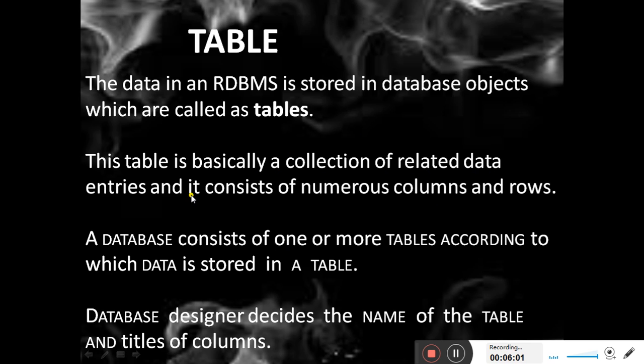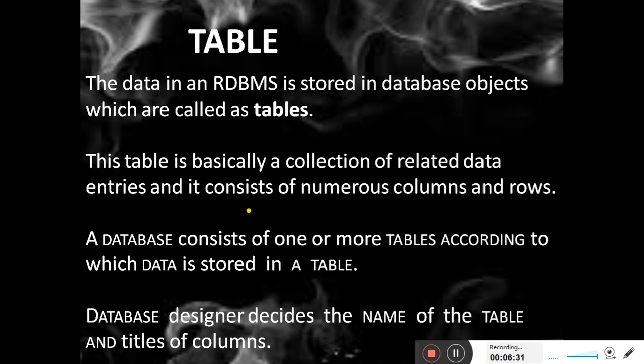As we are talking about RDBMS, we are supposed to insert the tables which are related to each other, right? It consists of numerous columns and rows. In a table there are various columns and rows, and the data which you are going to insert in this table are related to each other.